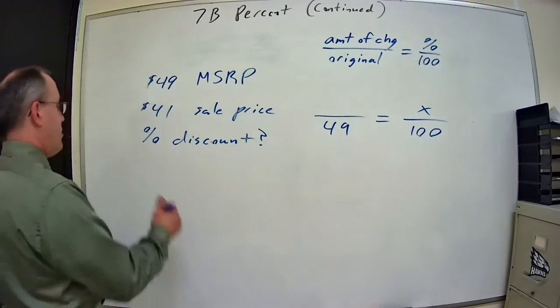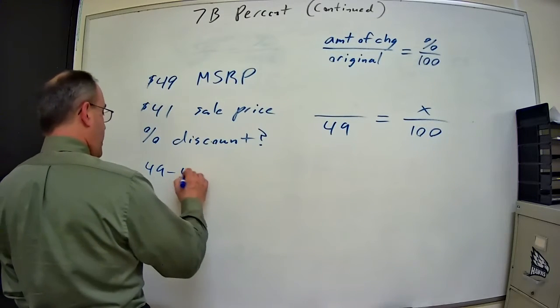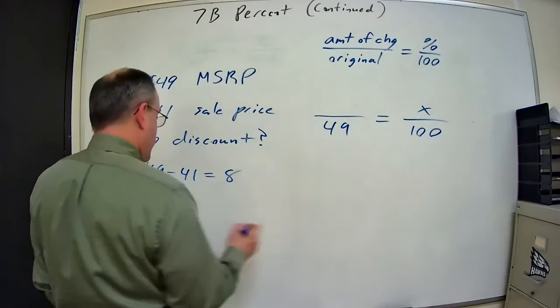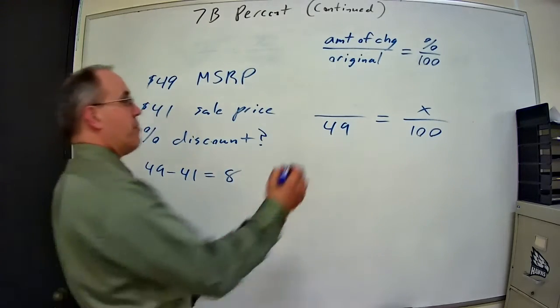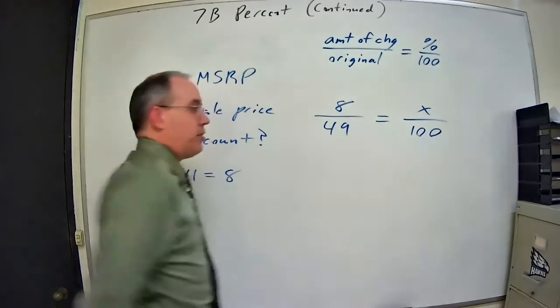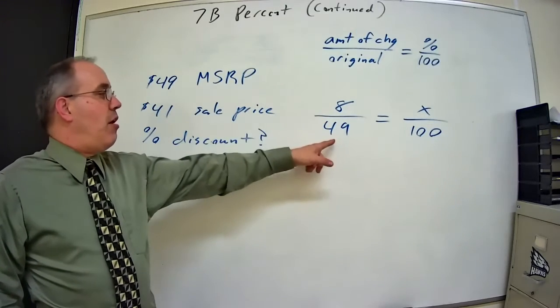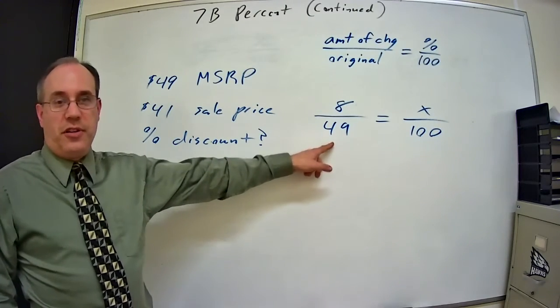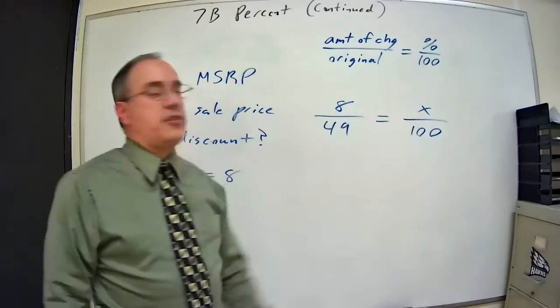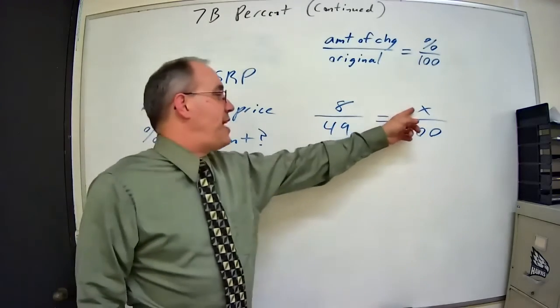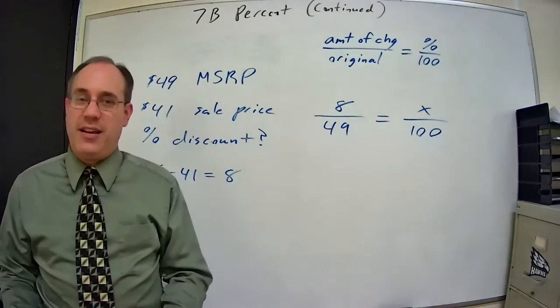How much did the price change? So 49 minus 41 gives me $8. So the amount of change is $8. I save $8 of $49, and I'm looking for the percent. So you can say 8 is what percent of 49?